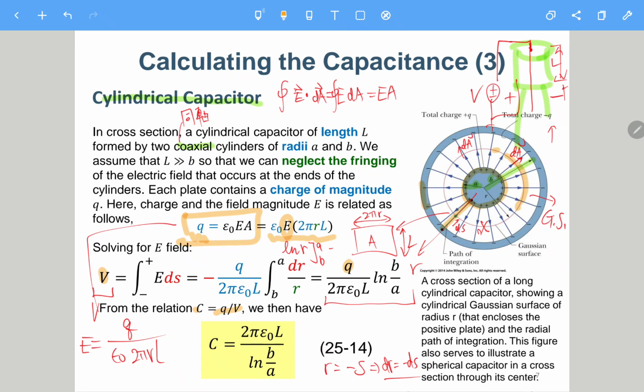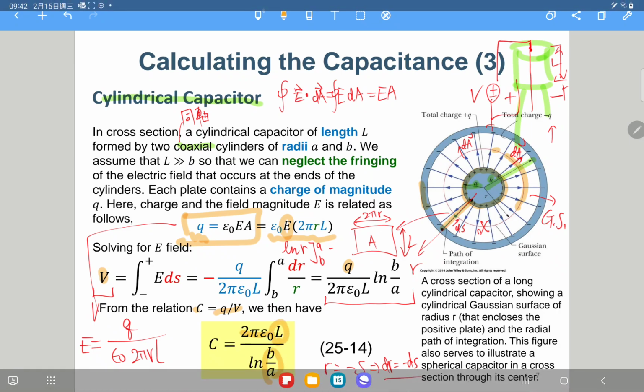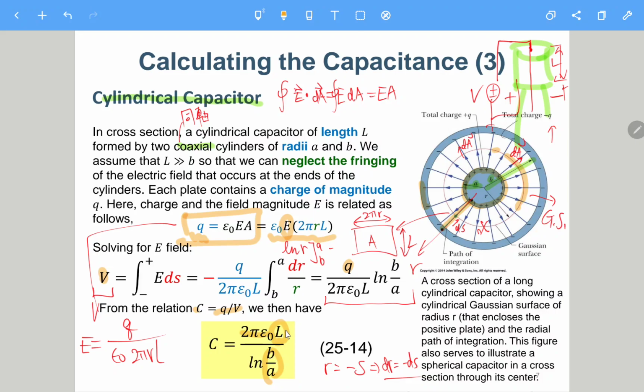Okay, so here we can also see 2 pi epsilon naught are constants. So the variables include L and also b over a. Which means that if we would like to increase the capacitance of a cylindrical capacitor, we can increase L, which means the height of the cylindrical capacitor, or we can decrease b over a.